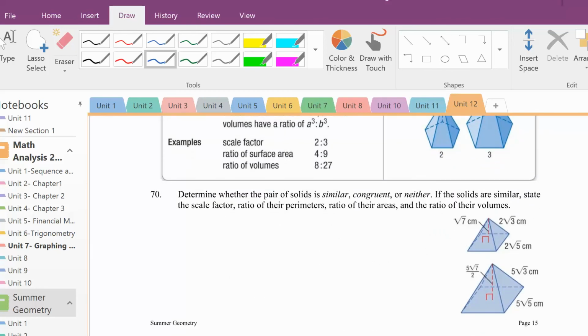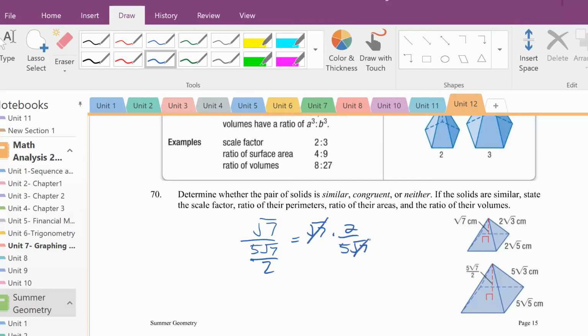if you look at number 70, it says determine whether the pair of solids is similar, congruent, or neither. Well, if you notice, they're not congruent because the corresponding measures are not the same. So let's see if they're similar. So take the square root of 7 over 5 root 7 over 2, that's the same as saying the square root of 7 times 2 over 5 root 7.